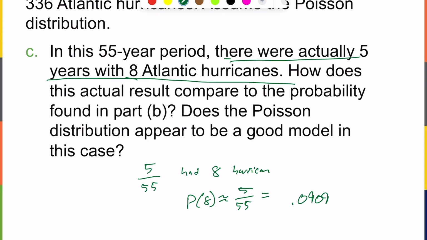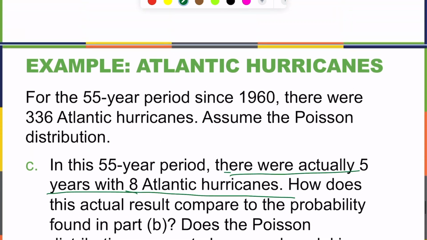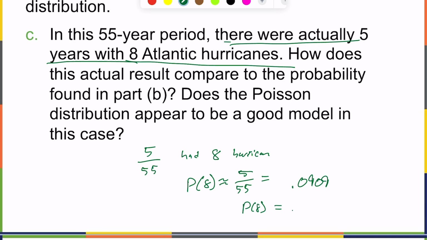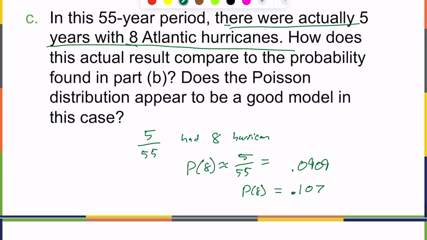And what we found using Poisson is 0.107. And so the difference there is quite small. Less than 1%, I think, difference. So these are really quite close.